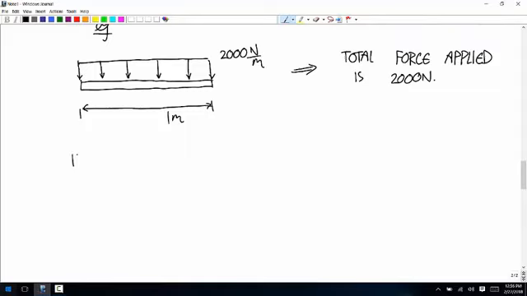To do calculations involving distributed loads, we're always going to have to represent these distributed loads as point forces.